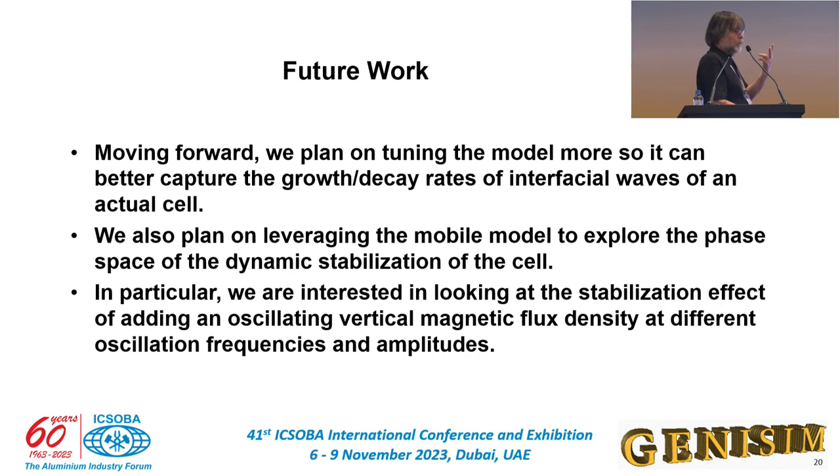So I have 2 parameters: the amplitude of this fluctuation, and the frequency. And I published this last year at TMS, and it's a result of the PhD of Ibrahim.